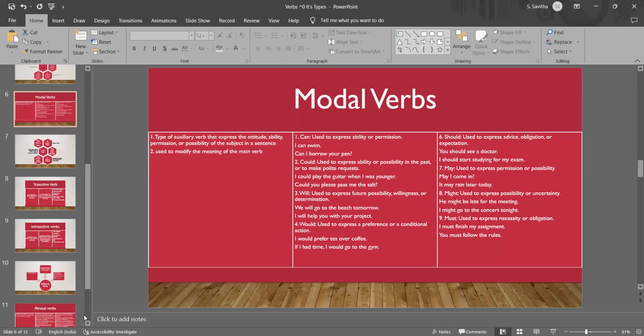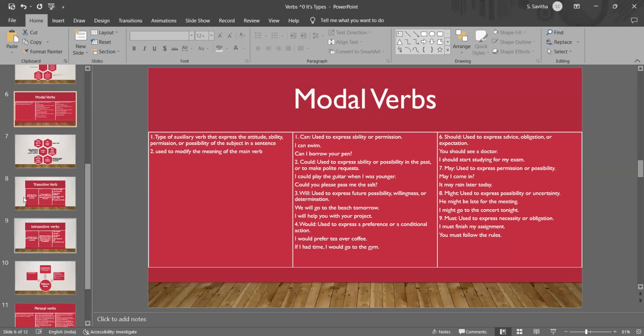Must is used to express necessity or obligation. So, modal verbs are a very important part of English grammar. They are used frequently in both written and spoken language, and understanding the usage and function will help you to convey your ideas and express your attitudes with precision and clarity.